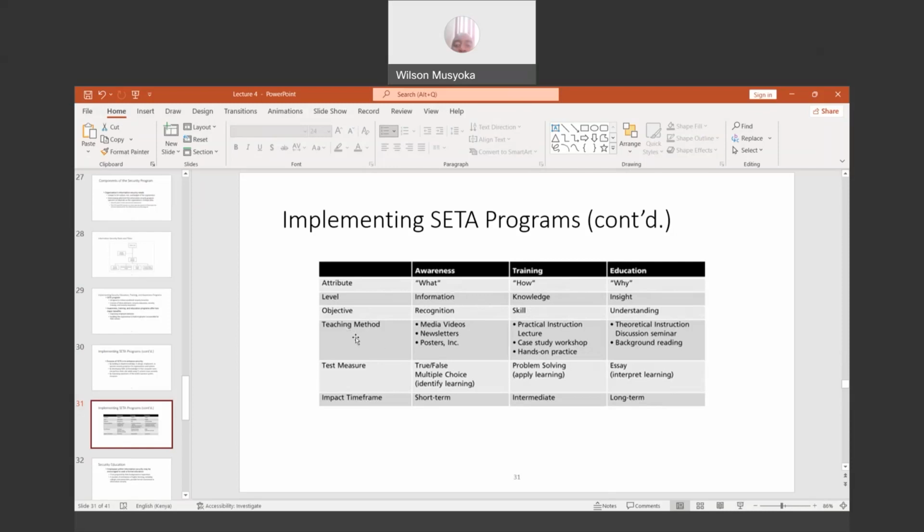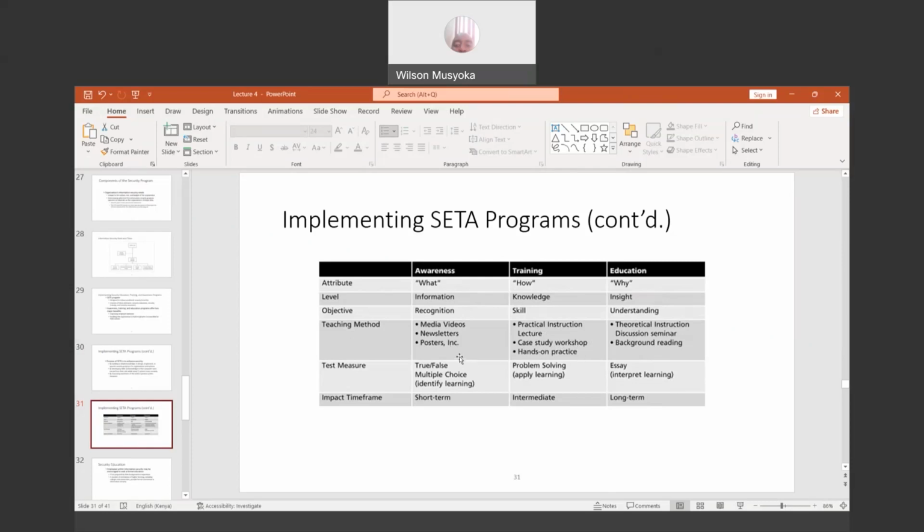So let's talk about the teaching method. Here, for education, it could be theoretical, a discussion seminar, or background reading, giving somebody a book or some journal to look at so that they have a background understanding. Then, in terms of training, you're going to put across practical instruction, like a lecture, a case study, and hands-on practice, showing them this is where you click, this is how you configure.